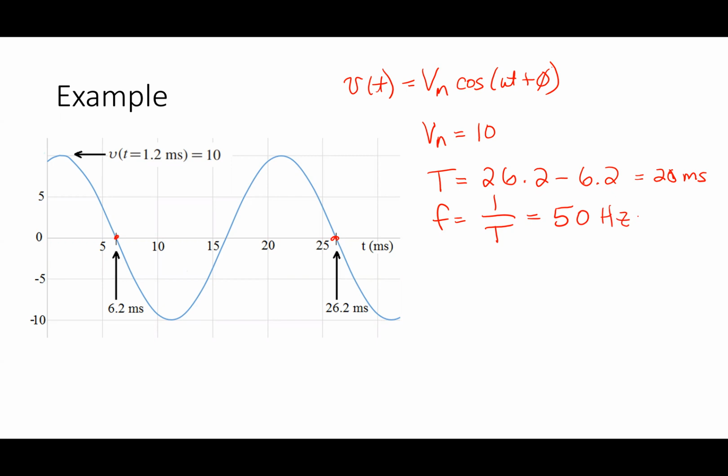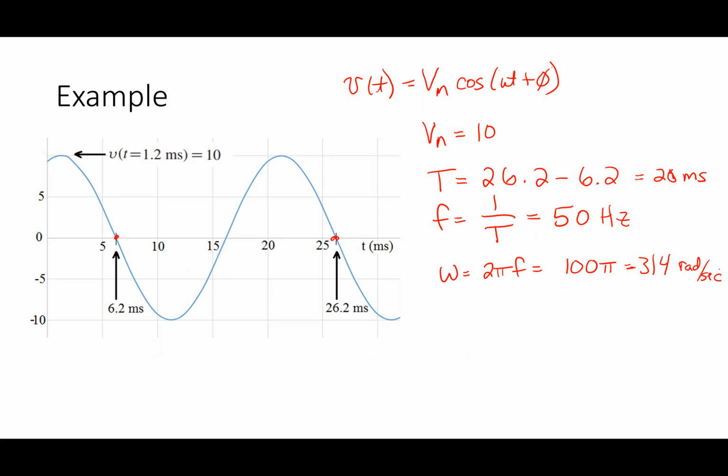And my omega works out to be what? 2 pi f, yeah. So 2 pi times 50, so 100 pi, which if I wanted to get a number for that, that's basically 314. What are my units here? Radians per second.